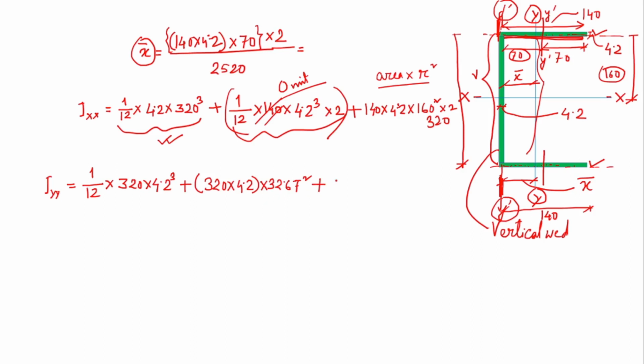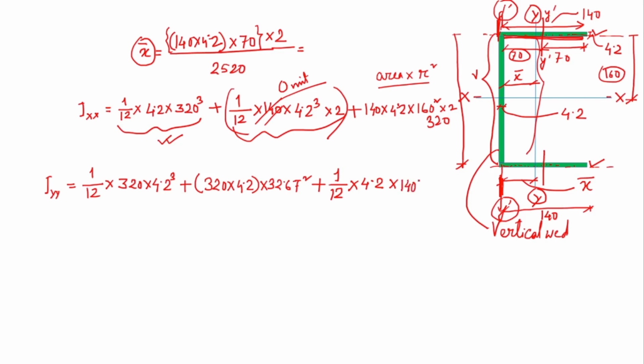Then again go to the horizontal part of the weld. First, BD cube by 12, 1 by 12 into B. B is the dimension along the direction of y axis. Here it is 4.2 for the horizontal part of the weld, and its perpendicular direction is 140.